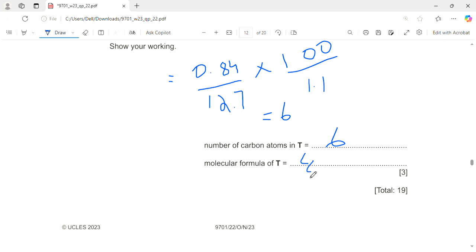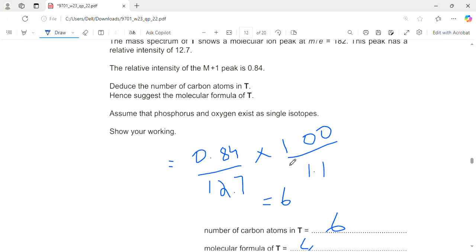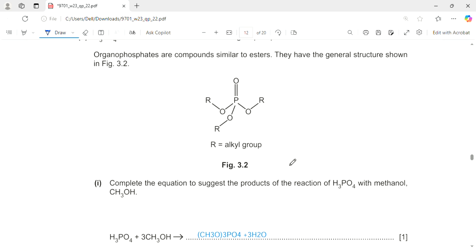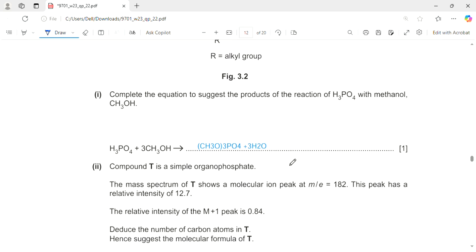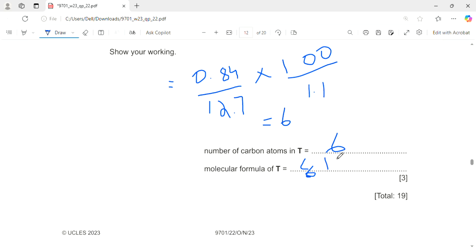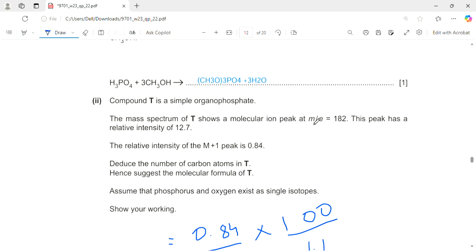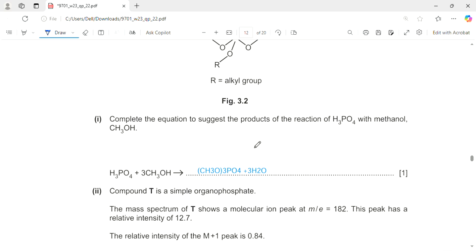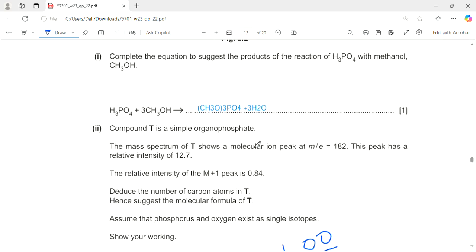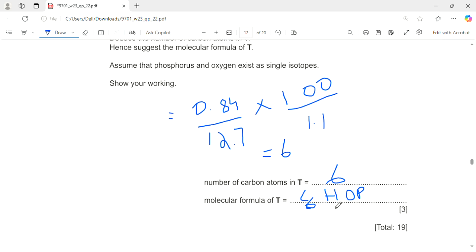We have already found C6, then H, and it also consists of O and P. If I put 4 here for oxygen, and phosphorus 15, and something like 15 here for hydrogen, C6H15.